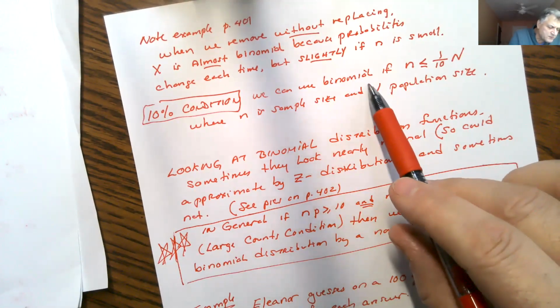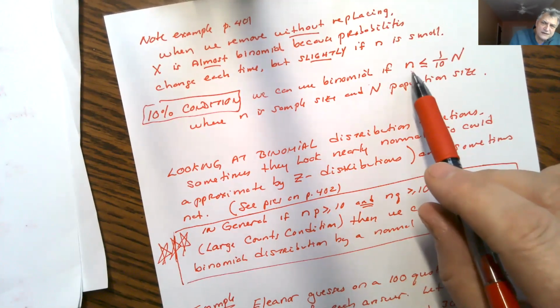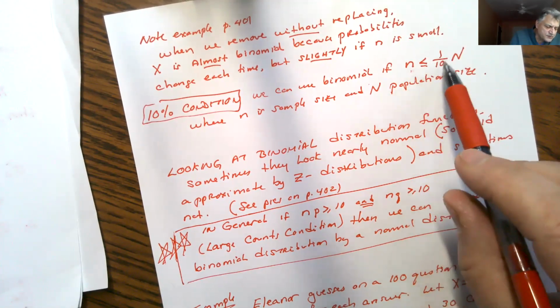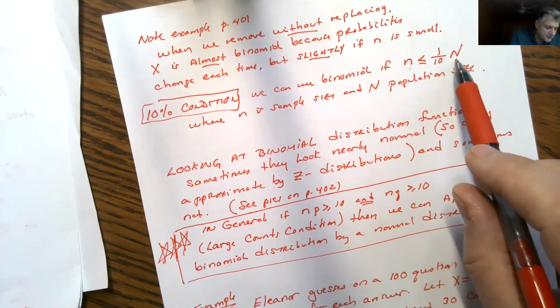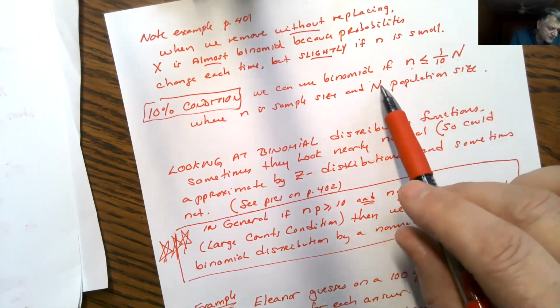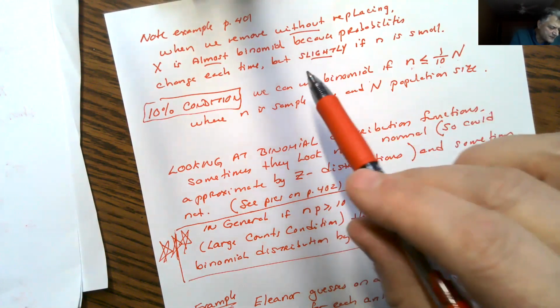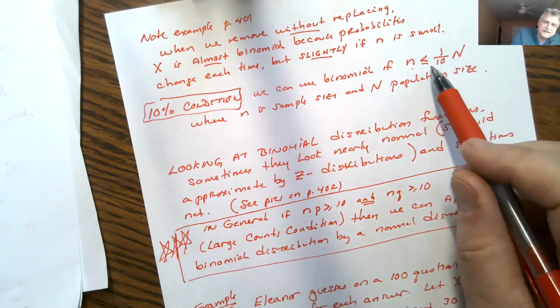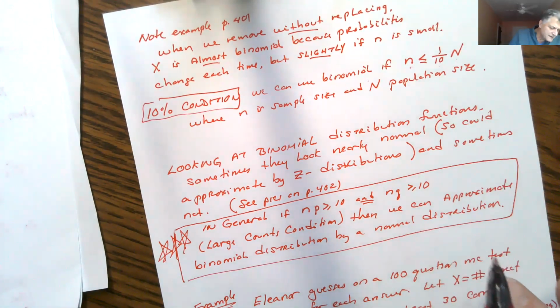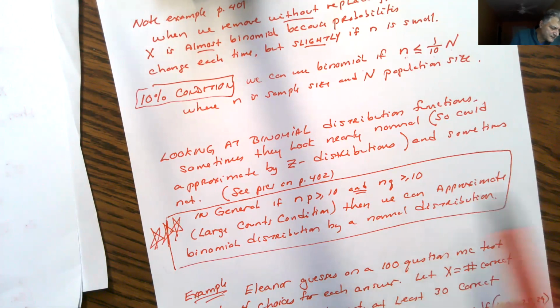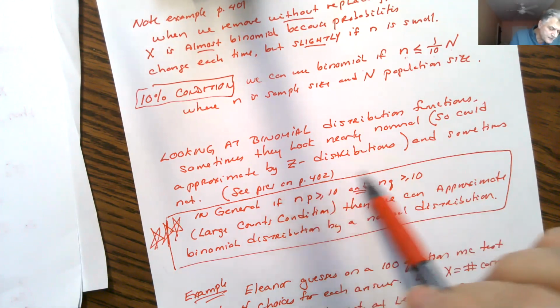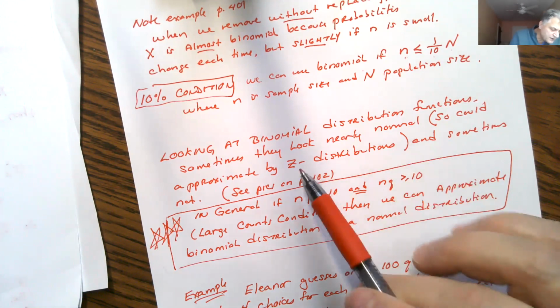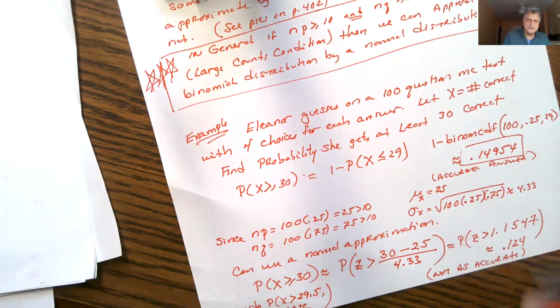We can use the binomial if n, our sample size, is less than or equal to 1/10 of big N, which is the population size. Okay, so if we're doing things without replacing, we can still use the binomial if this condition is met. Okay, so looking at binomial distributions again, sometimes they look nearly normal. So we can approximate as long as this condition is met.